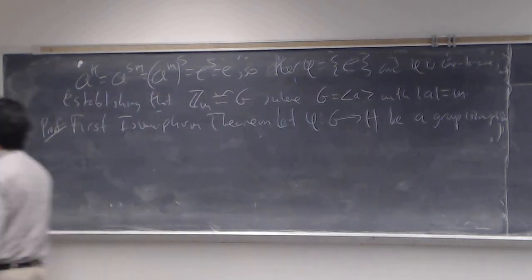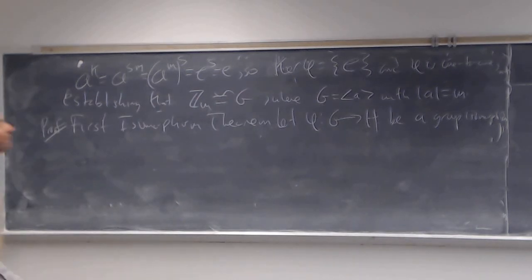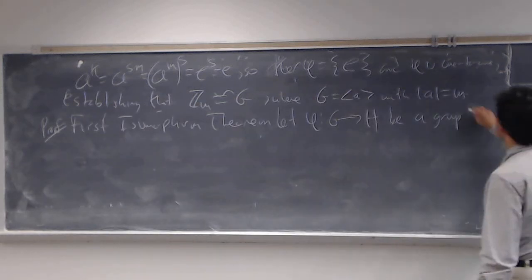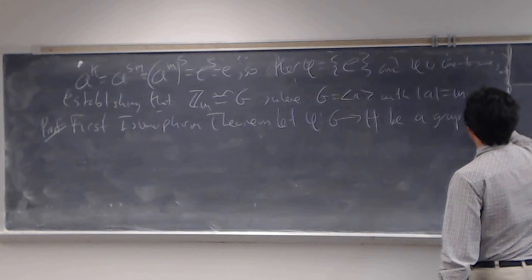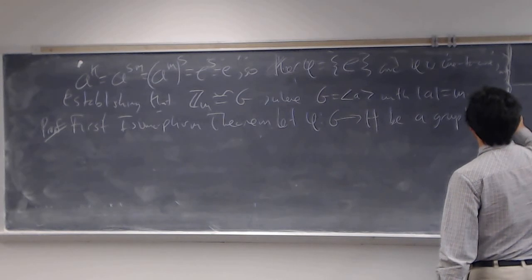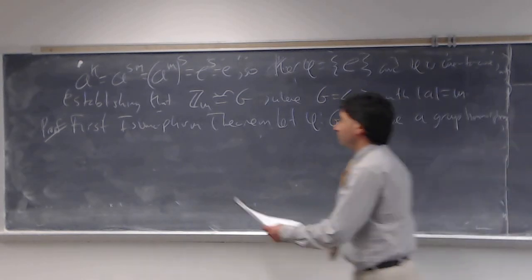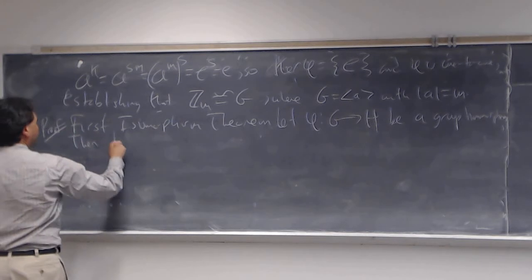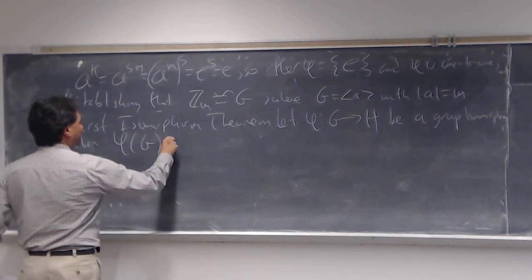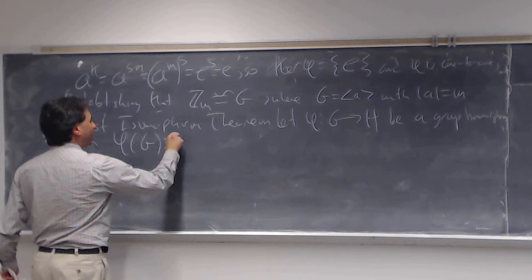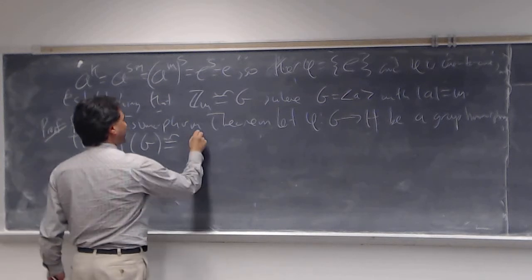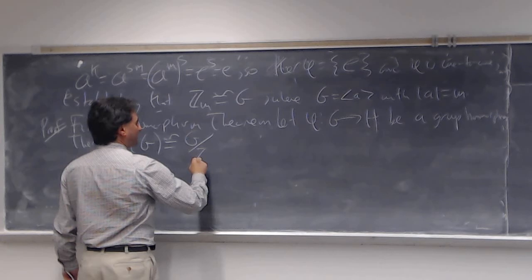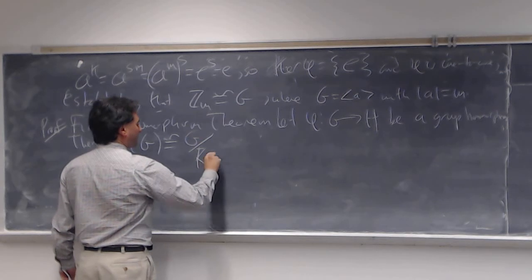It's the first isomorphism theorem, but it's actually just a group homomorphism. So we just have a group homomorphism. Then if we look at the image, phi of G, that's isomorphic to the factor group formed by G mod the kernel of phi.